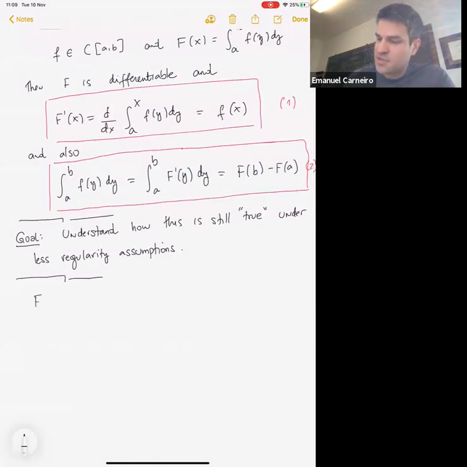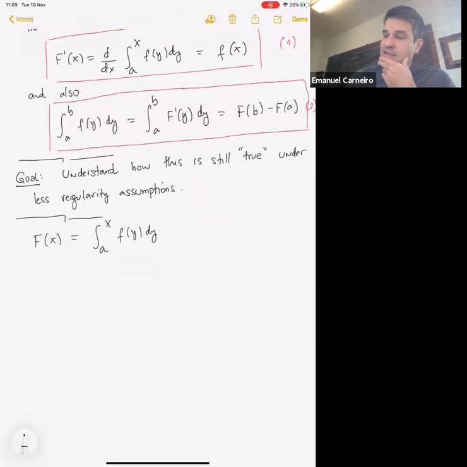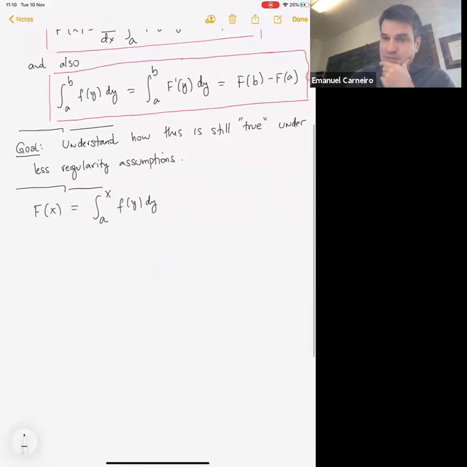You have this function big F of x being the integral from a to x of a function f of y dy. And you wanted to understand if this function is differentiable. Well, for the definition of differentiability, you have to take the difference quotients, right? So you have to consider quotients like F of x plus h minus F of x, divided by h.